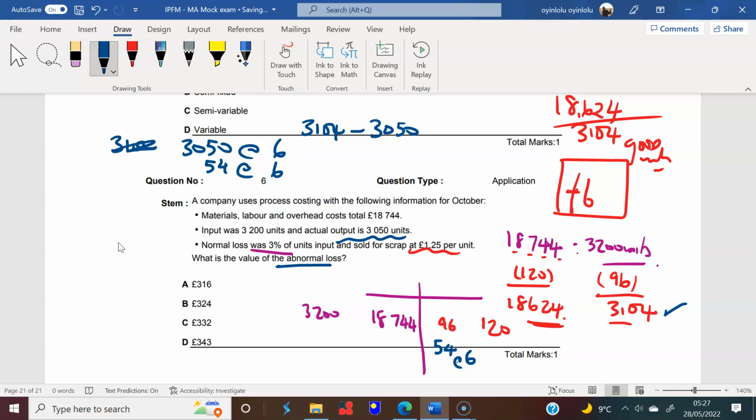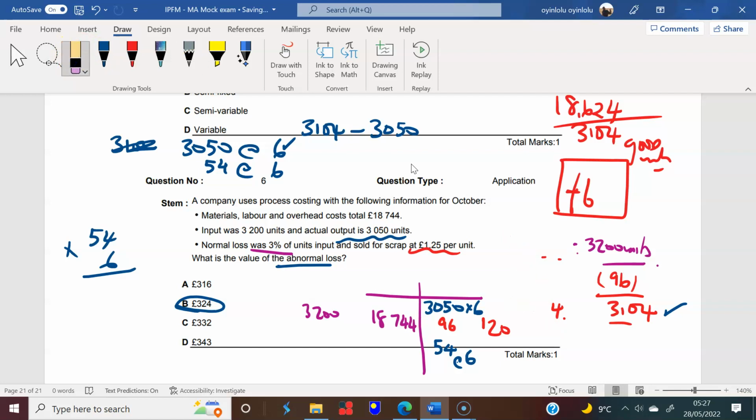So valuing the abnormal loss, I will be doing 54 times 6, which is 324. So that takes us to B. But the question could have asked you for the good units, in completing this, 3,050 times 6. Right, let me just clean this space up a little now. So your T account or your process account would look like that.